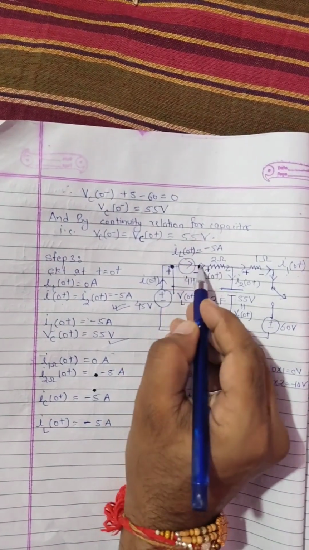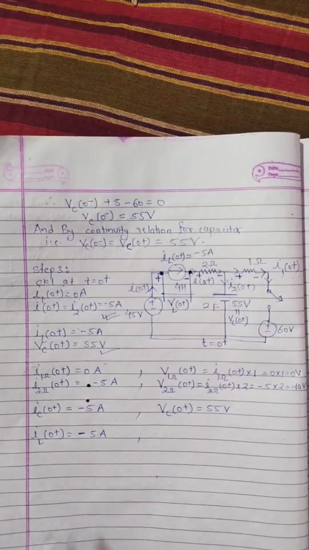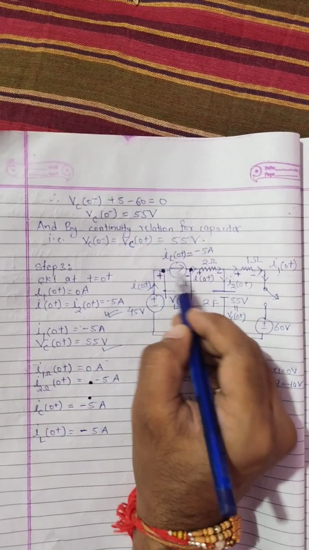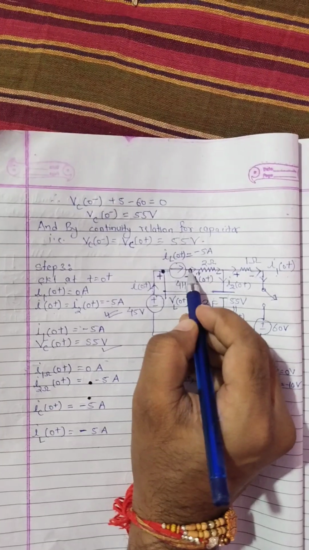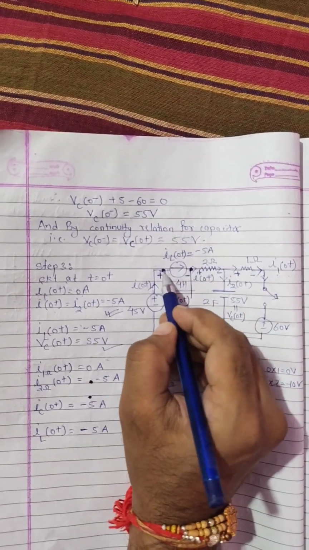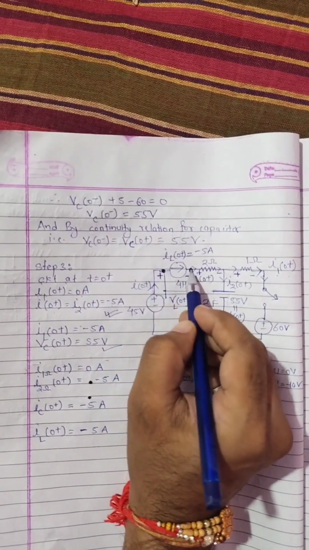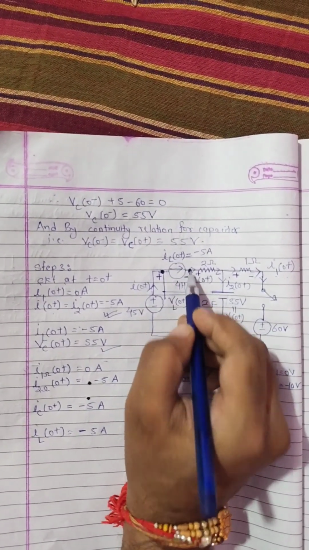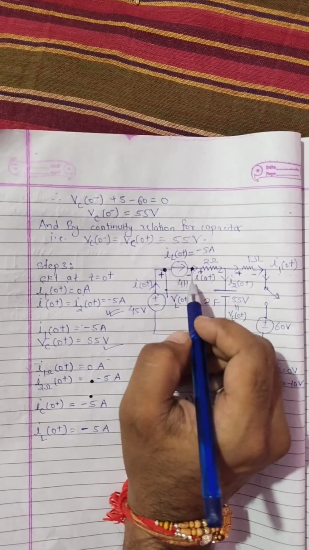Now we will use the concept of starting point and finishing point. To find the voltage across these 2 terminals, we need the polarity of these 2 terminals, and we have found it.